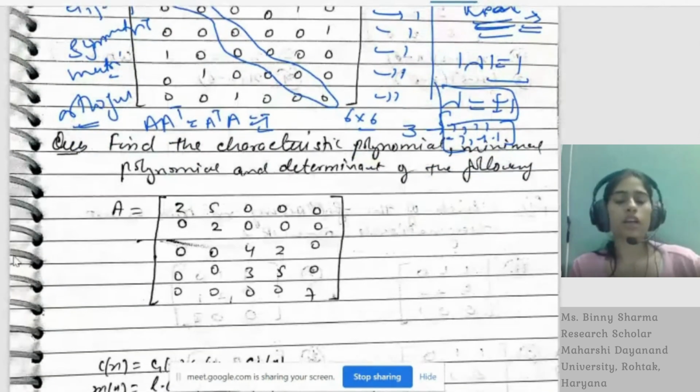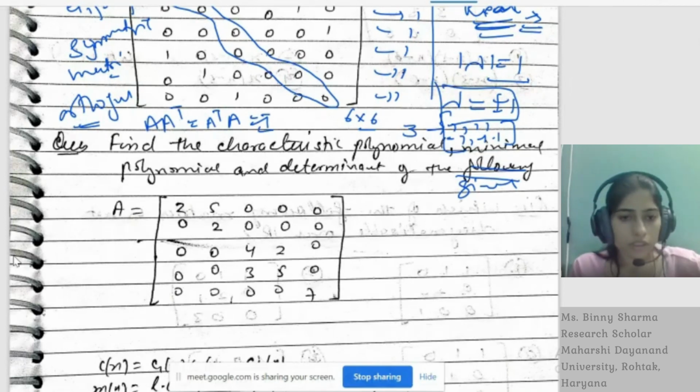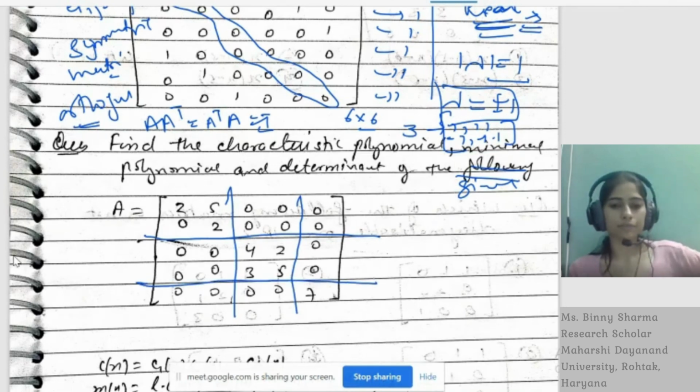The next question is, find the characteristic polynomial, minimal polynomial and determinant of the given matrix. This is also a matrix of high order. So what we observe here, just make a block matrix. We make a block matrix and it becomes a block diagonal matrix.